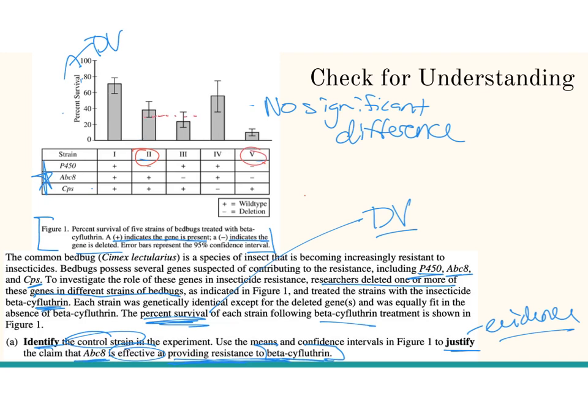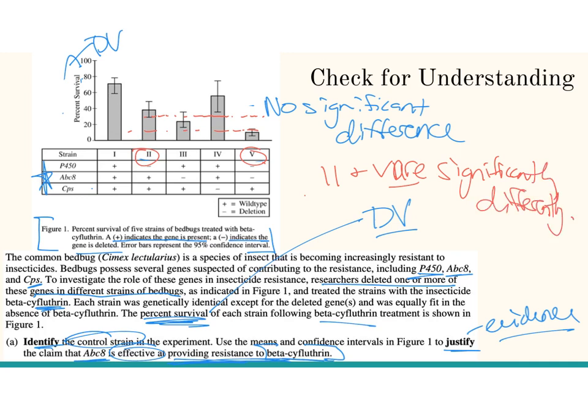Group 2 does not overlap with group 5 standard error bars at all, right? So we would say group 2 and group 5 are significantly different according to the data. My handwriting has gotten even better on this app, guys. Okay, go ahead and try this on your own.